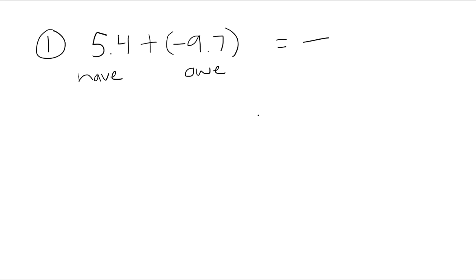So we know in the end our answer is going to be negative, and to figure out how much we owe, we're going to take the 9.7 and subtract the 5.4. When you add or subtract decimals, you have to make sure that you line up the decimals. So 7 minus 4 is 3. The decimal comes straight down. 9 minus 5 is 4. So your answer would be a negative 4.3.